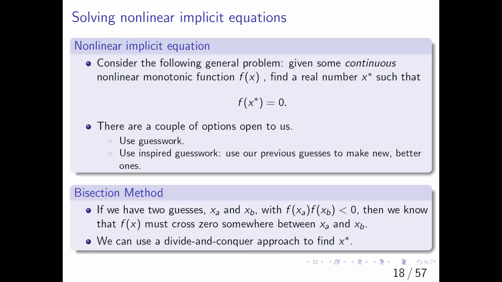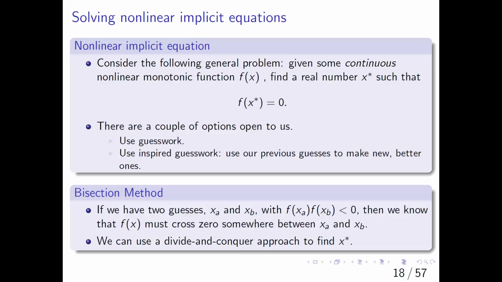It cannot oscillate. It's a monotonic function, either increasing or decreasing with respect to x. So whenever we have two guesses whose function values have different signs, we know for sure that the zero point, x star, will fall in between a and b. Then we use the divide and conquer approach to find x star.